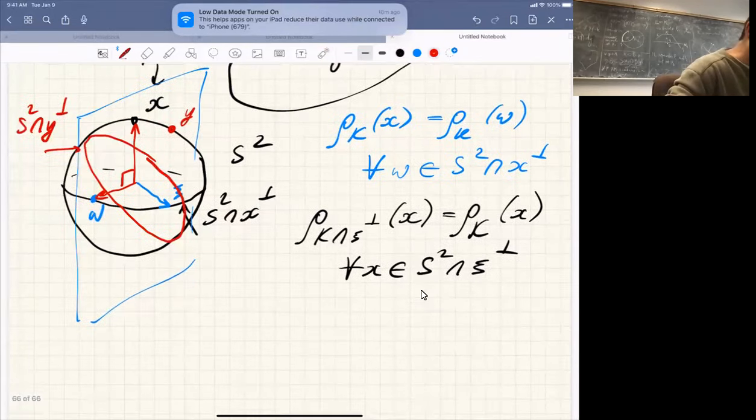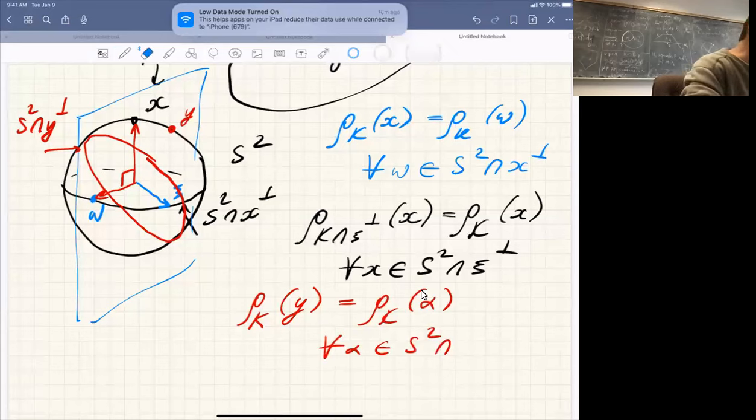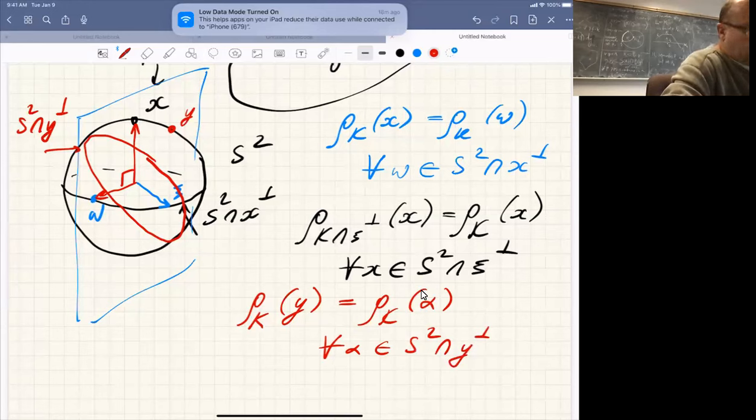So I have the same property: rho k at Y is the same as rho k at alpha, for any alpha belonging to S2 intersection Y perp. Okay, very good, but two equators intersect, definitely. So I have the intersection points.